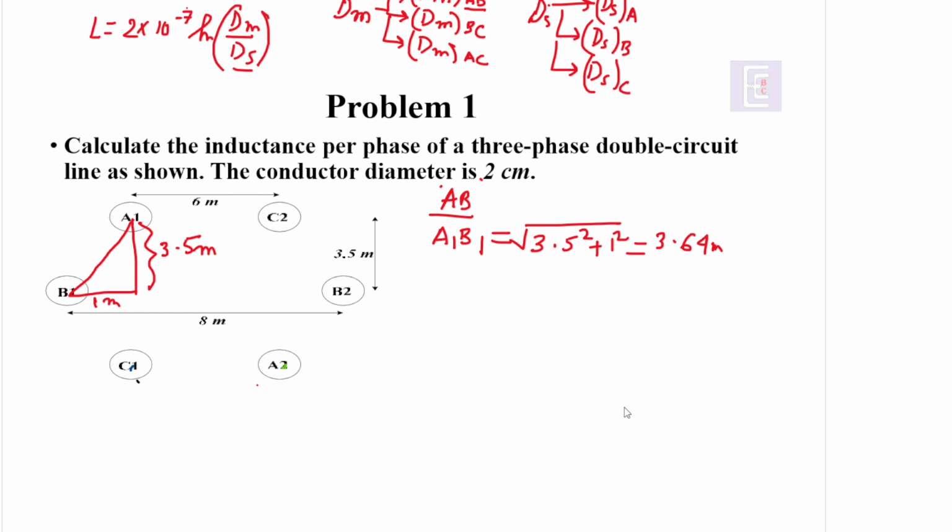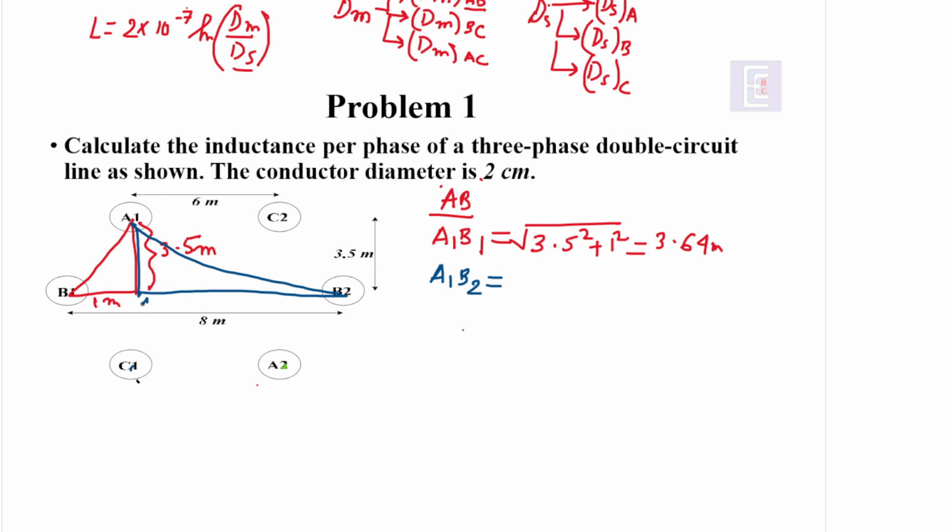Then what is the next possible distance? A1B1 is done. So the next possible distance is A1B2. What is A1B2? This distance is A1B2. So how do you calculate? Again you need to consider this right angle triangle.